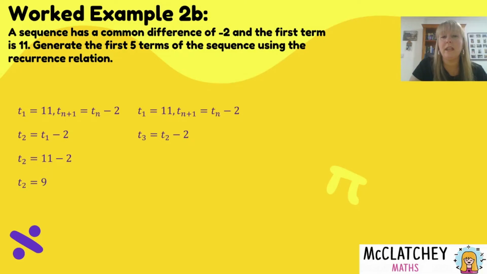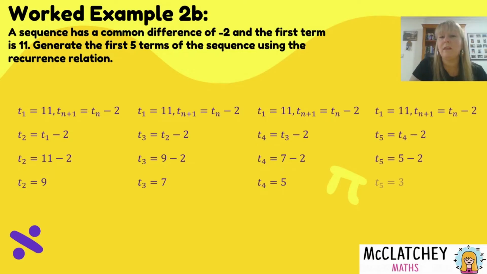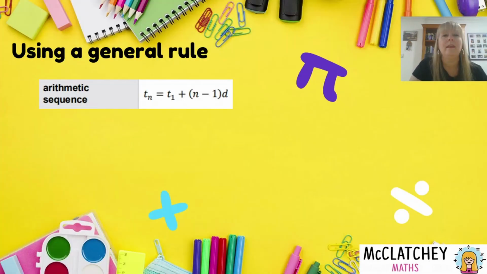Now we know that the second term was 9, so we take 2 away from that to generate our third term, and our third term is 7. And we're just simply going to repeat that process a few times until we get our fourth and fifth terms. So our series will then look like, it'll be first term 11, 9, 7, 5, and 3. So we just write that down at the end as a statement. It's always important to make sure we just summarize what we've been asked to do.